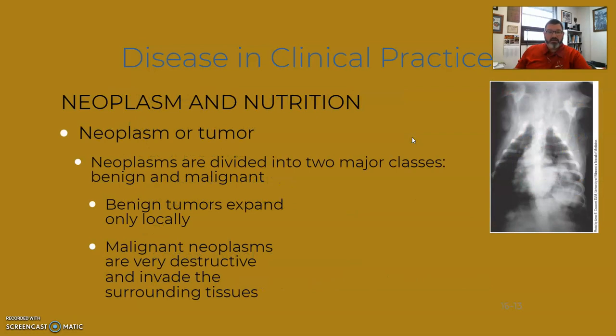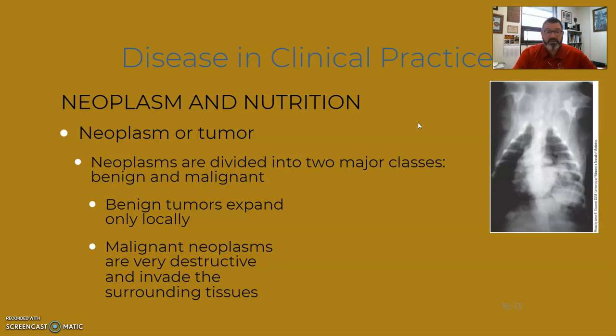So neoplastic or tumor-related neoplasms, and of course specifically we're talking about cancer here, are divided into two major categories. Benign tumors only expand locally, sometimes are not that problematic, and can be removed without worry about that cancer metastasizing and spreading through the rest of the body.